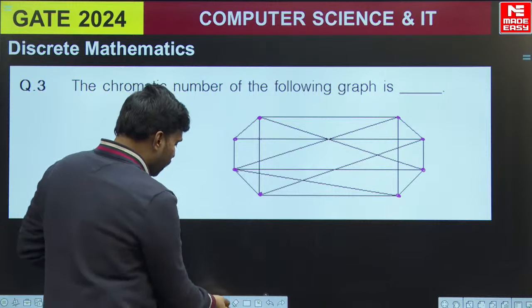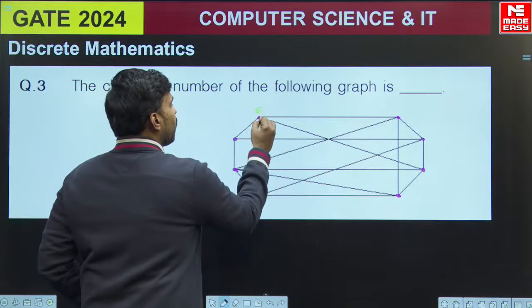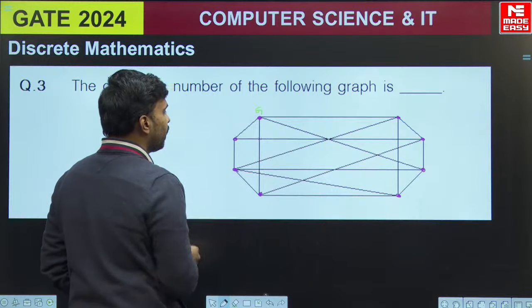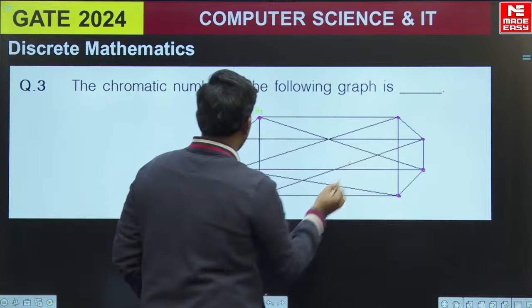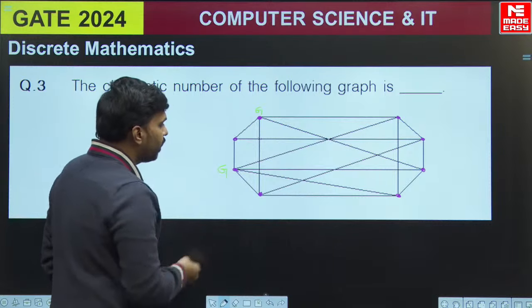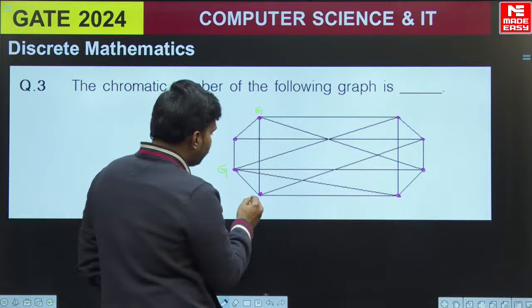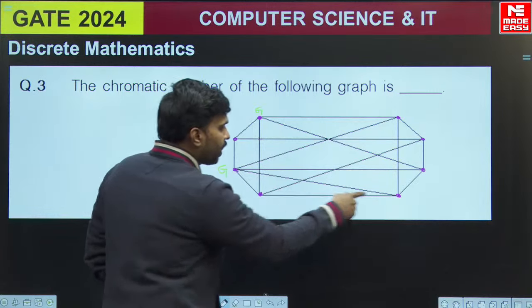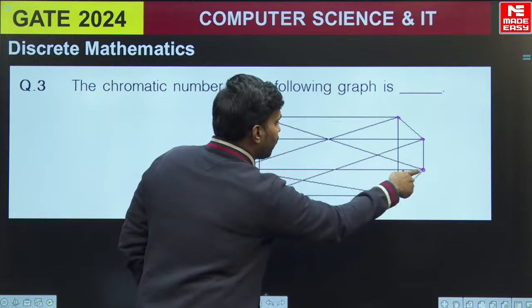Now let's assign the colors here, beta. If I take the green color here, then I cannot assign the same green color here and here, but I can take the green color here or not, okay? If I take the green color here, then I cannot take the green color here, or here, and here also I cannot take the green color.